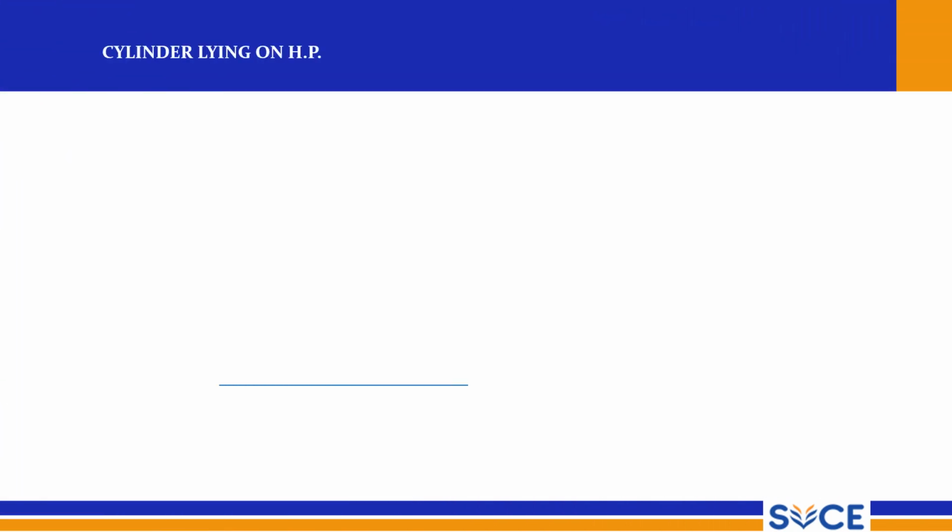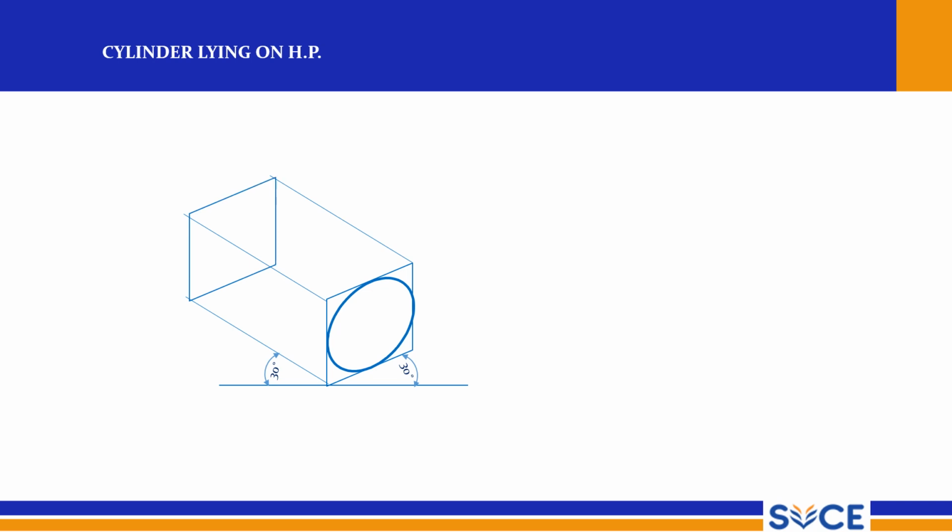Cylinder lying on HP, so it is very simple, you can use 4 center method, and this is the cylinder. Now this is the cylinder, this is front side and back side, and draw the edges, the tangent should be drawn from both circles, and this part is not visible, and that can be removed.